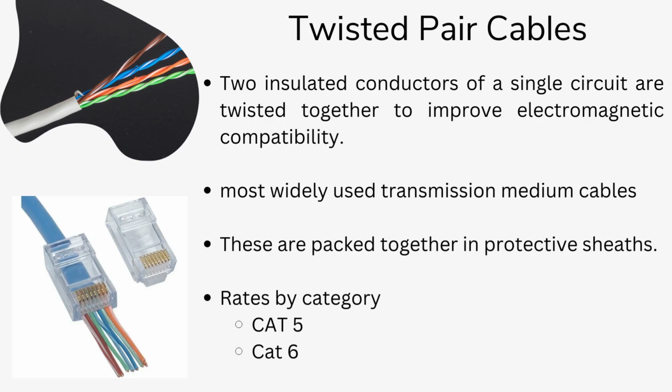Now we talk about twisted pair cables. As the diagram shows, two insulated conductors of a single circuit are twisted together to improve electromagnetic compatibility. See in the first top diagram, you can see two are twisted together.